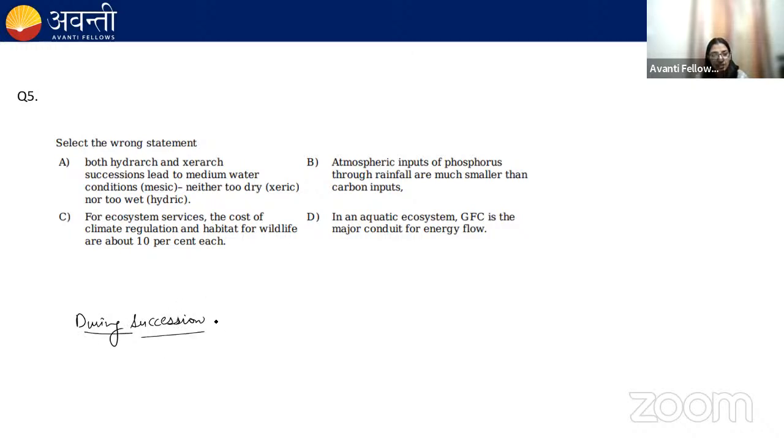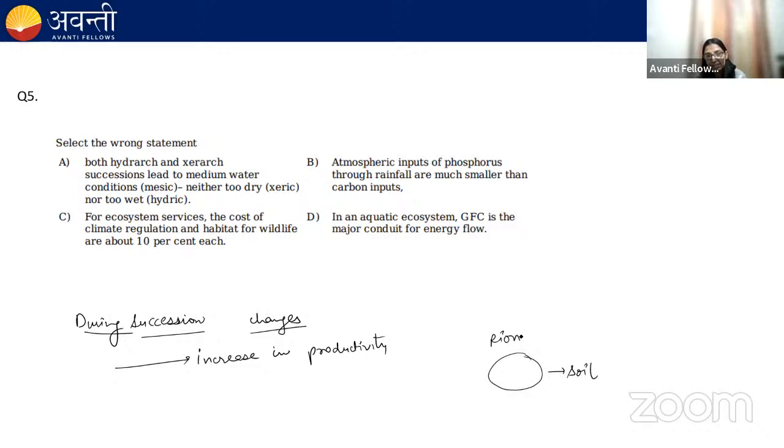So during succession, some changes occur. These changes include increase in productivity. For example, if there is a bare rock, first, this bare rock will be converted to soil, and this will be done by the pioneer species, which are lichens. After lichen, there will be mosses.